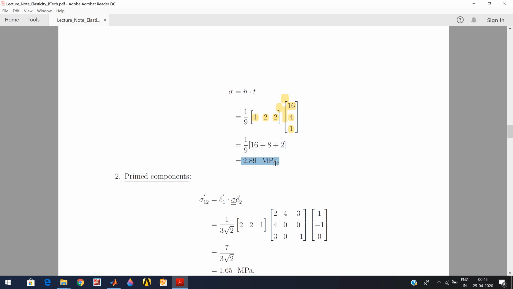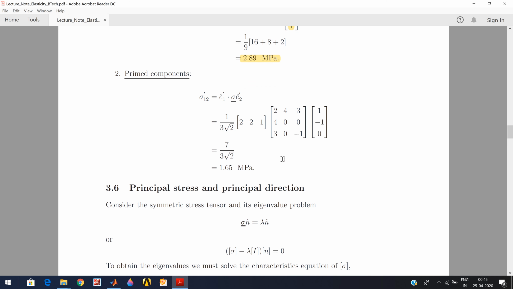For the prime components, we use the relation sigma ij prime equals ei prime dot sigma ej prime.